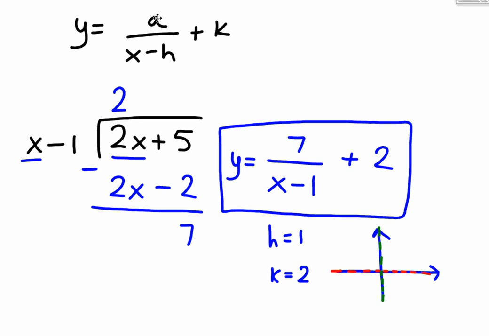Now this one has an h of 1, so our asymptote will move 1 to the right and our k will move 2 up. I'm going to come back to the previous slide so I can show you on the graph. Also, because our a is positive, we're going to graph in a regular form, something like this.